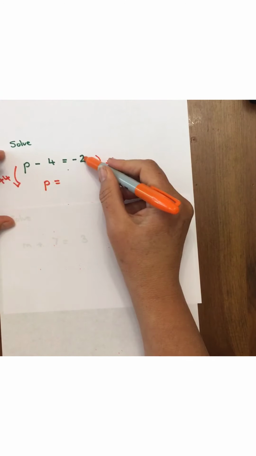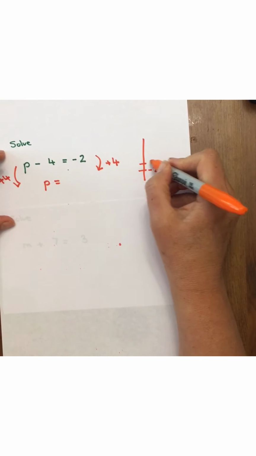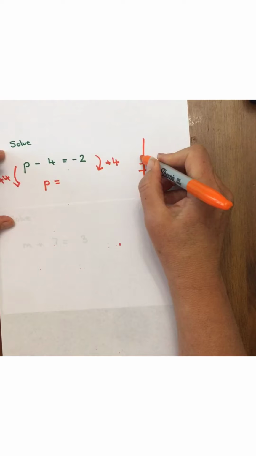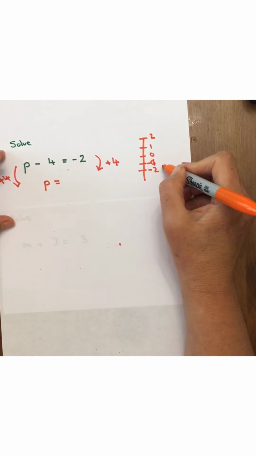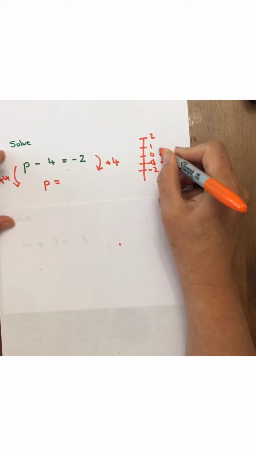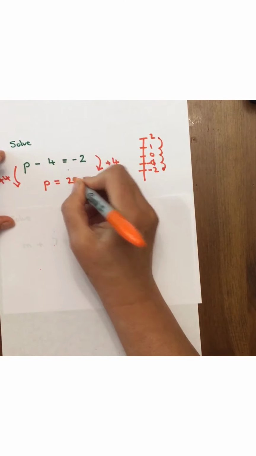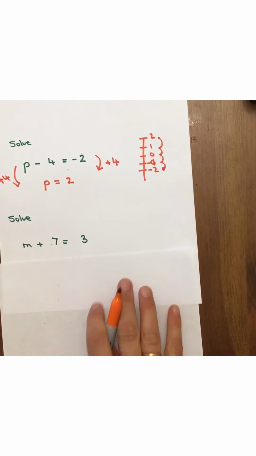And if I add 4 to negative 2, remember we did some work on negative numbers before half term. If I start at negative 2 and I go up 4, 1, 2, 3, 4, I end up at 2. So my answer is 2. Let's just double check that. 2 take away 4 is negative 2.